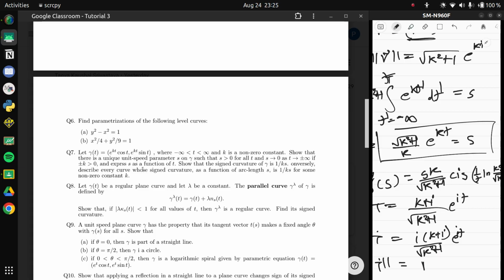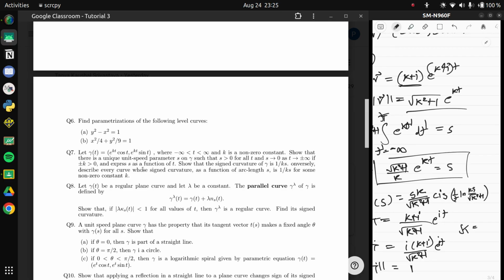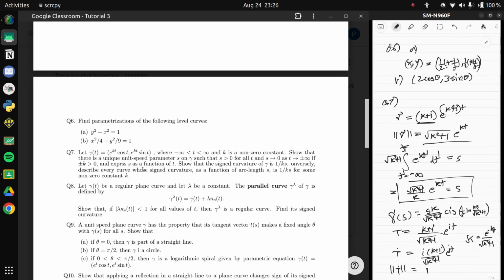Something is very wrong about this. Why is this 1? No, this doesn't make sense. Oh yeah, actually that does make sense, because it was a unit vector in the end. Okay, fine. And divide by the velocity vector's magnitude, so just this quantity. So your kappa is just e power negative kt upon square root of k square plus 1. Amazing. So now you know what your kappa is.